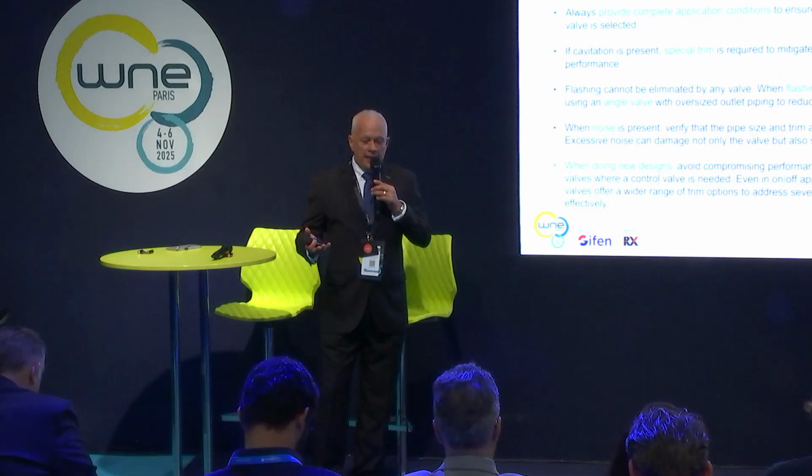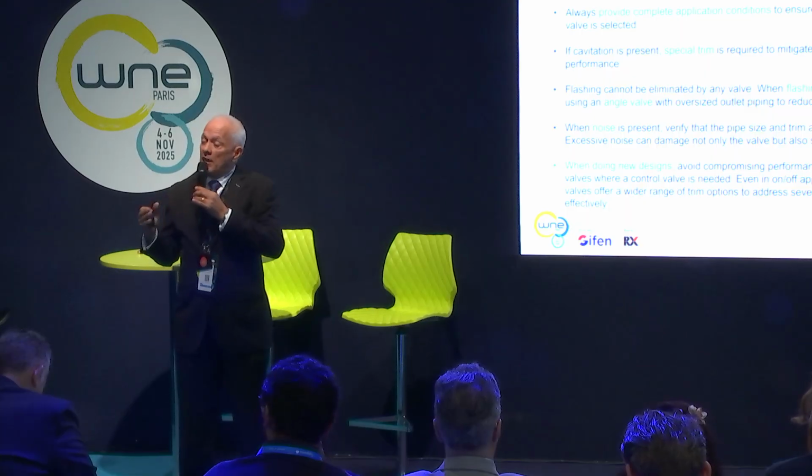And I get it, on-off valves are cheaper, and it's very appropriate in a lot of applications that an on-off valve be applied. But if you have some of these severe service phenomena that I talked about today, even if it's an on-off application, only a control valve can offer you the versatility and trim selection to control all these severe service phenomena that you see in power plants today.